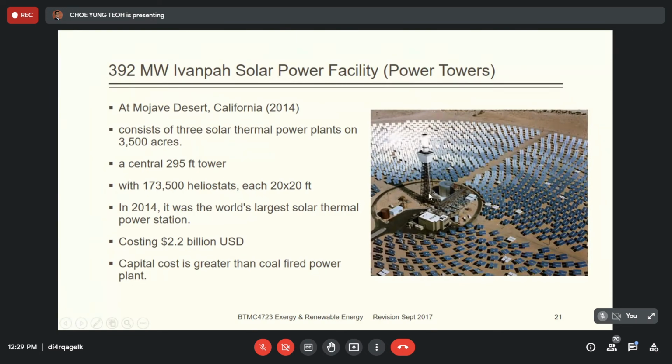The center tower here is 295 feet, with 173,000 heliostats, each 20 feet by 20 feet. You have more than 170,000 pieces of mirror over here, and each mirror is 20 feet by 20 feet.